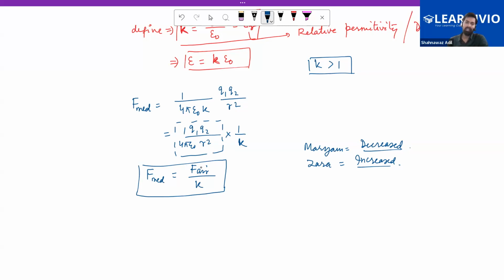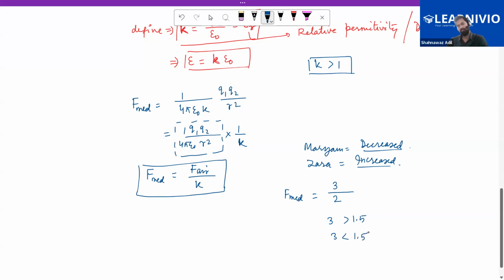Okay, so let's say that F air is 3, right? And let's say this is F medium. Now, if I divide 3 by a number which is greater than 1, let's say 2, right? So would 3 be greater than 1.5, or would 3 be less than 1.5?